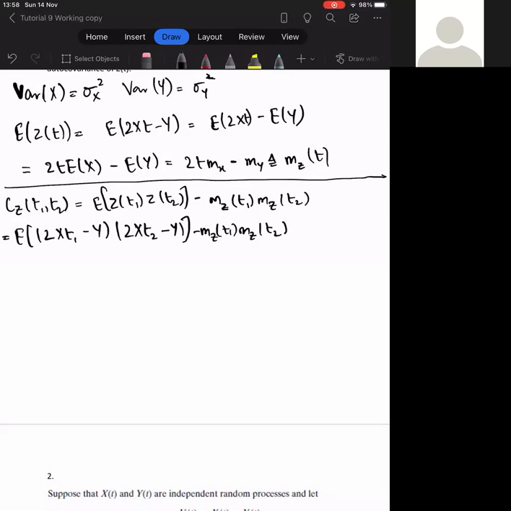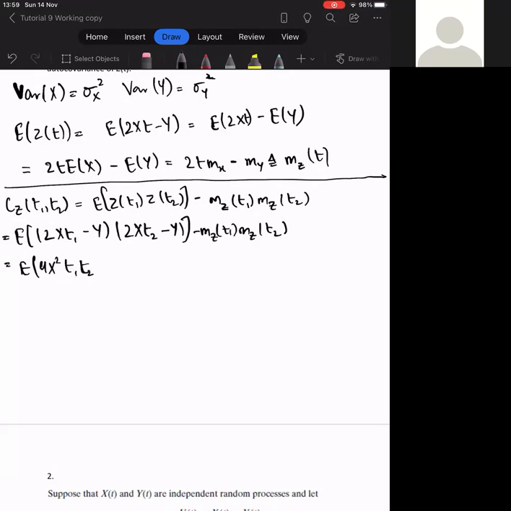Okay, so now I'm just going to simplify. This is basic algebra, so I'm not going to go over it in detail.